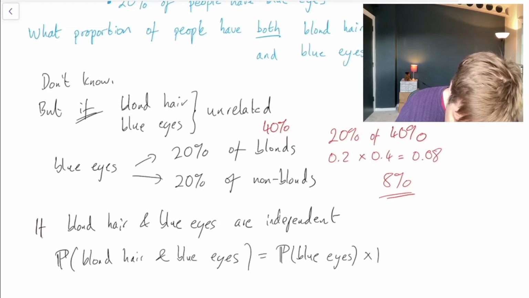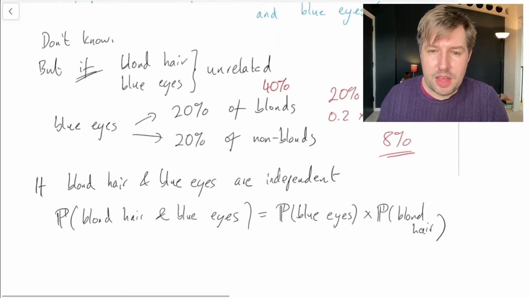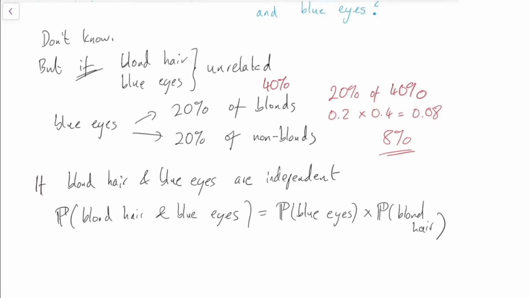Probability blue eyes times probability blonde hair. And so that's this concept of independence in probability, that two events are independent if to get their 'and' we multiply them together.